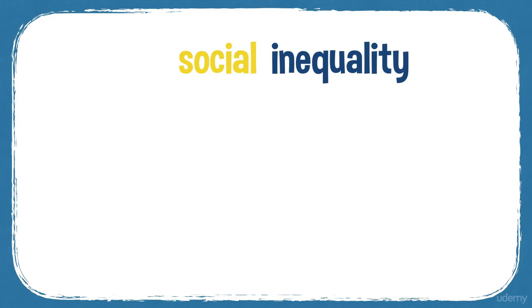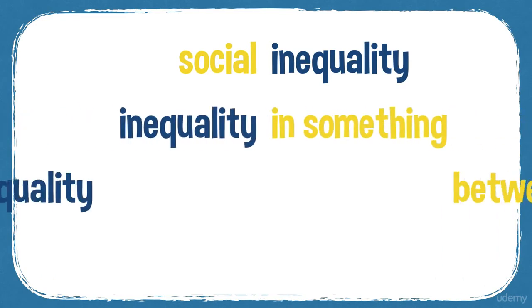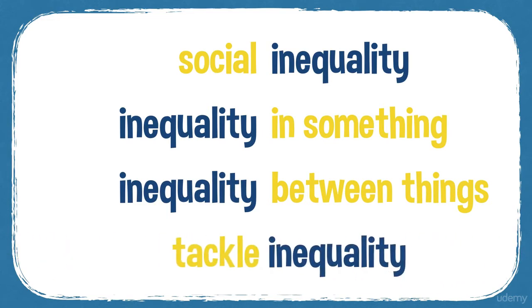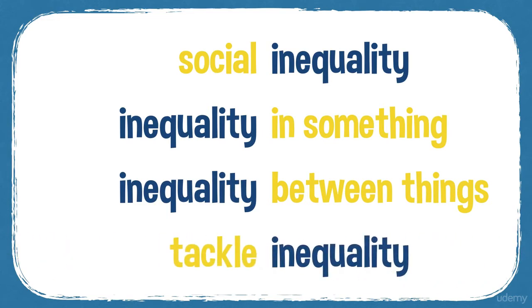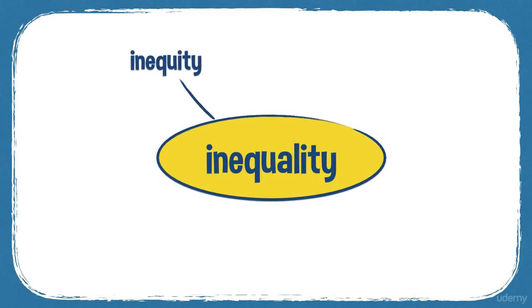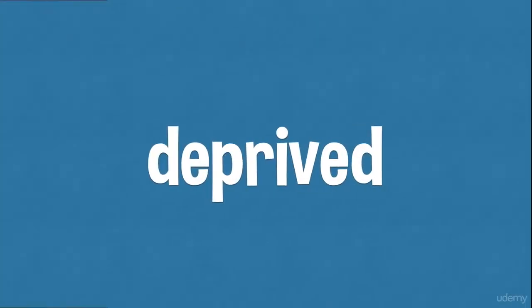So we can have social inequality, inequality in something, so inequality between things, and if you want to get rid of inequality, you can tackle inequality. And some synonyms for the word: inequity, injustice, disparity. So disparity between different social groups.